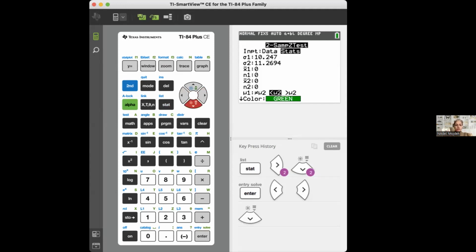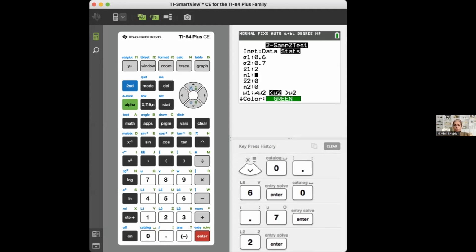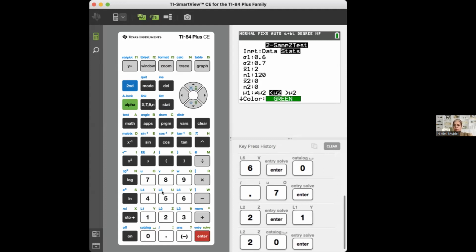I have not given you sigma 1, but I have given you S1, so you can replace sigma 1 with S1, 0.6. Then it says sigma 2, so replace it with S2, 0.7. Then X1 bar, 2. N1, 120. It is given to you in the problem. Then X2 bar, 1.7. N2, 34.